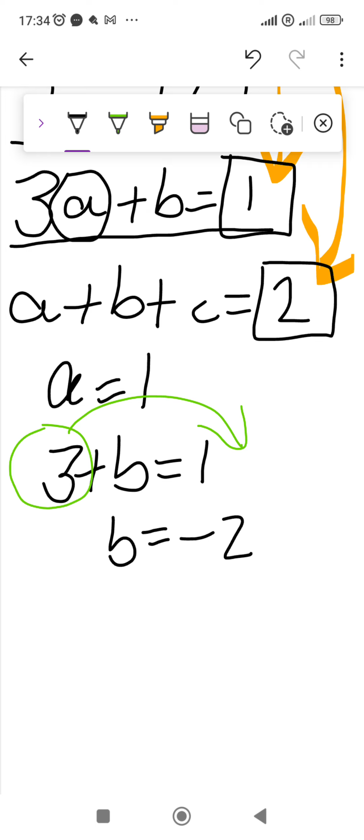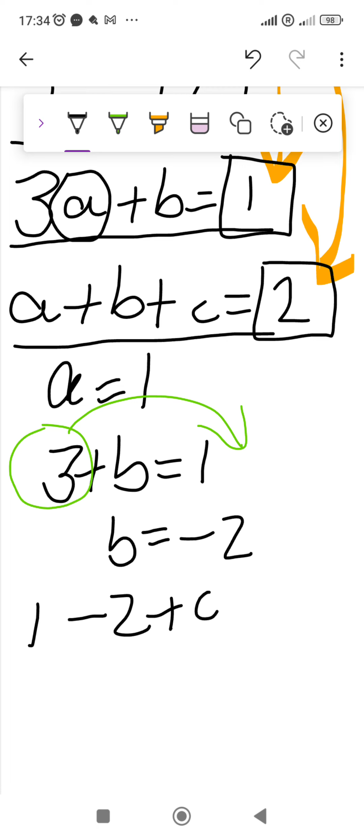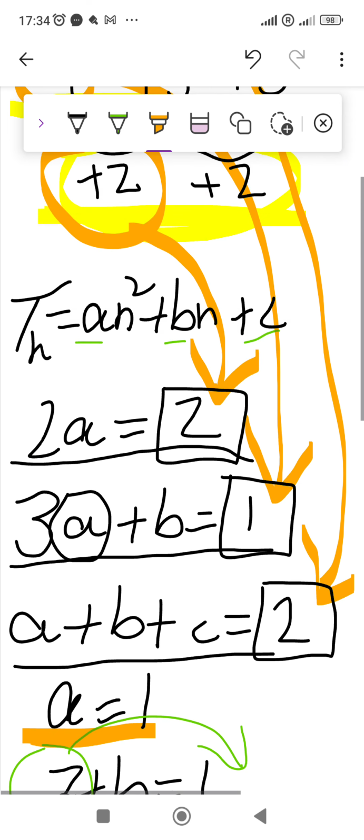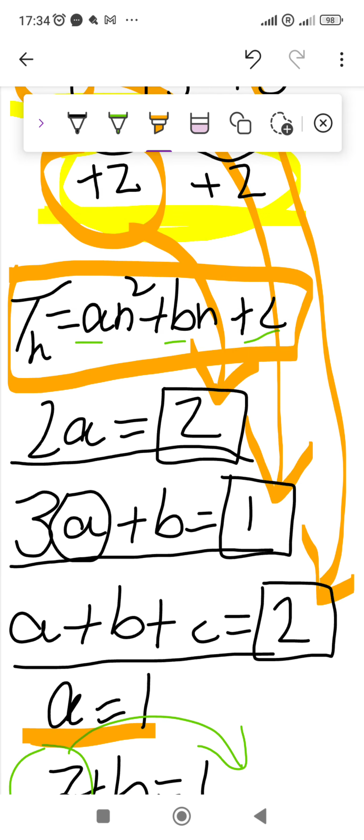And then we go to our last equation, do our substitution. So that's 1 plus negative 2 plus c equals 2, and c will equal, so 1 minus 2 is minus 1, add 1 on both sides, and that will give us a 3. Now that we have our a value, our b value, and our c value, we can go back to our general equation and substitute.